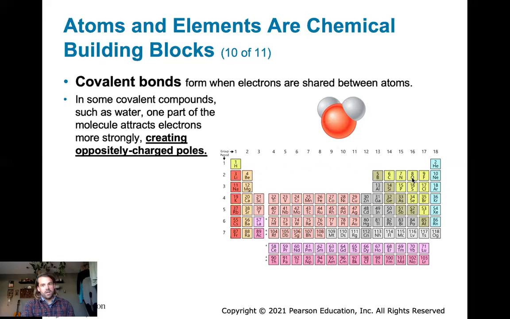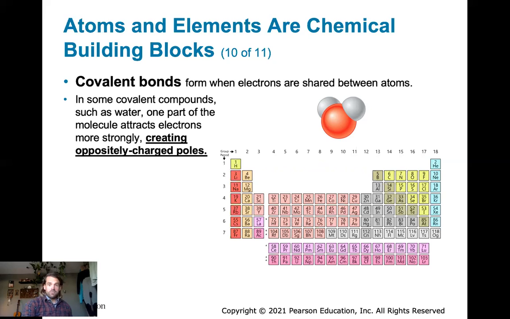We know from the periodic table that it has 8 protons. That means it's got 8 positive charges that are all looking for 8 negative charges, right? 8 electrons. Hydrogen, on the other hand, has 1 proton. It's only got 1 positive charge looking for 1 negative charge.